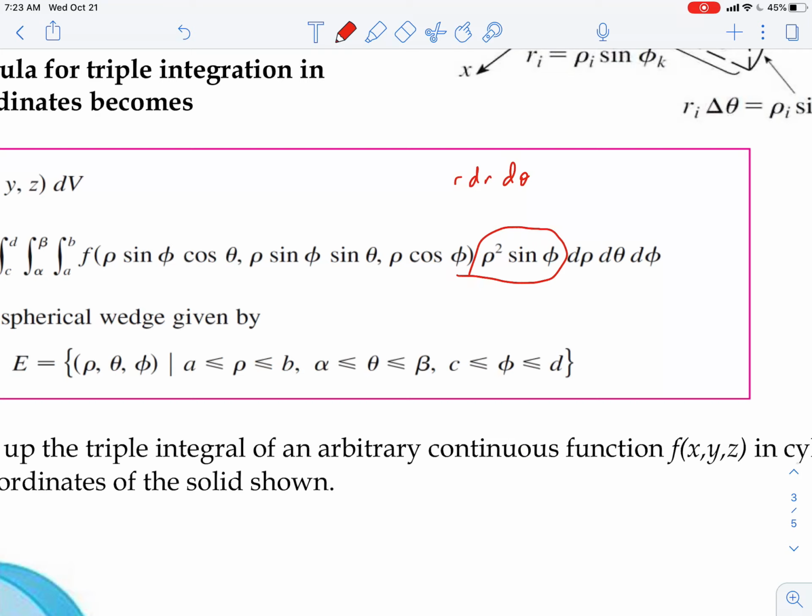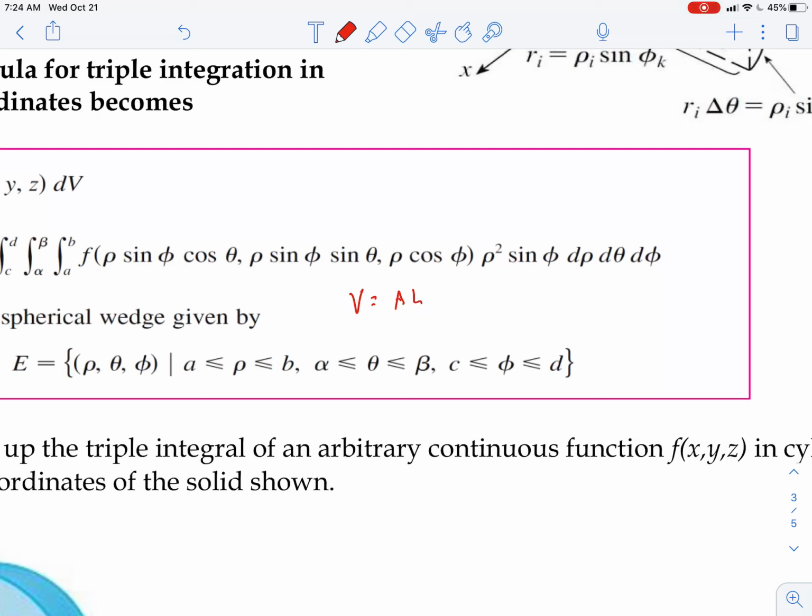In this case, what we're going to have to add in when we're changing to spherical in a triple integral is rho squared sine phi. All right, and the concept's the same as we did. Next class we'll show you the Jacobian method of how to find it. I'm just going to briefly talk about why it's rho squared sine phi.